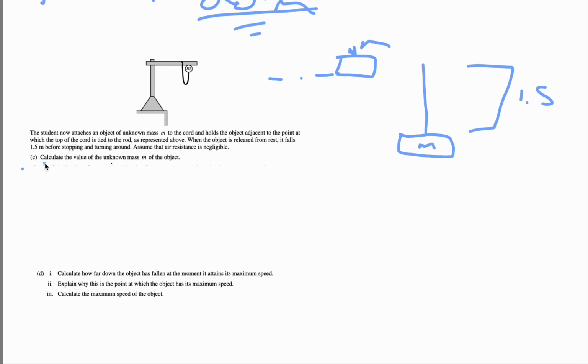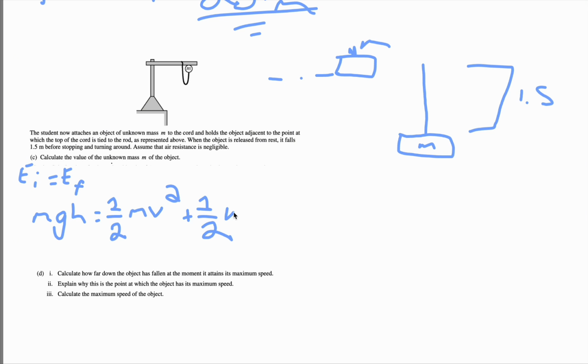We're ignoring air resistance. So our initial energy is equal to our final energy, meaning that our gravitational potential energy is equal to our kinetic energy plus our elastic potential energy.